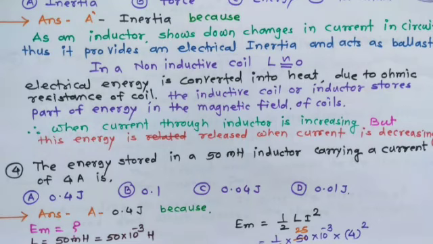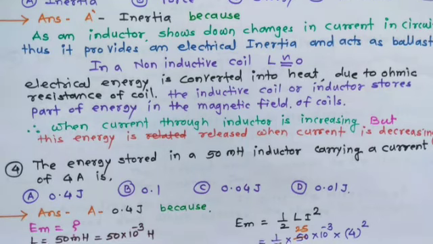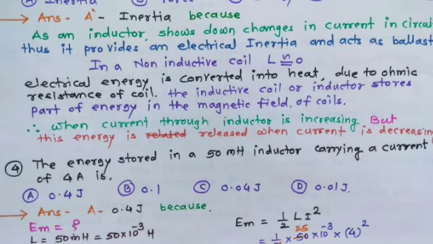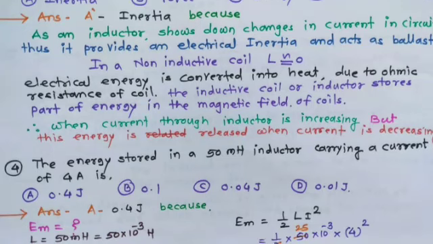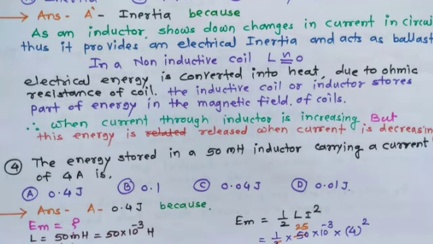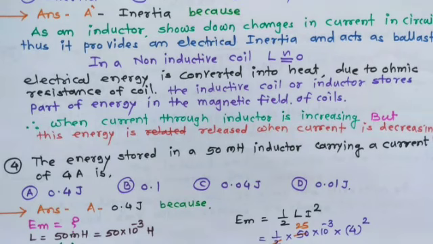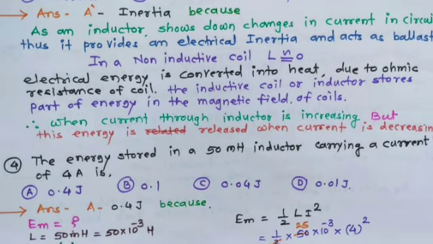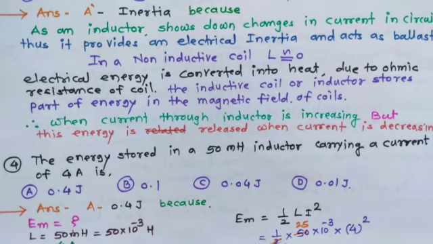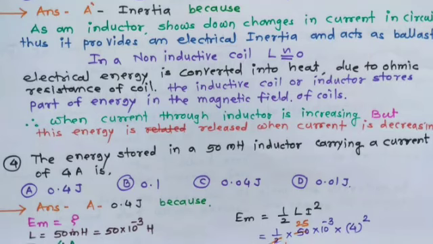Question 4. The energy stored in a 50 millihenry inductor carrying a current of 4 ampere is: option A 0.4 joule, option B 0.1 joule, option C 0.4 joule and option D 0.01 joule.